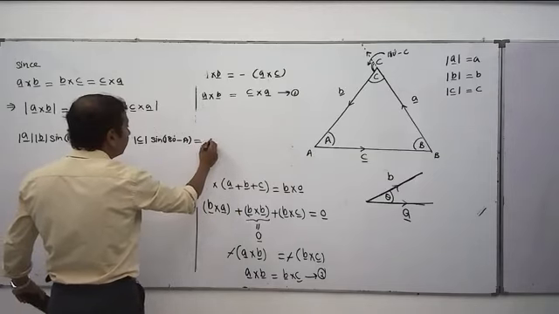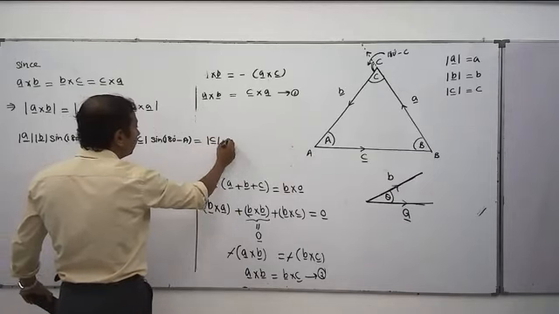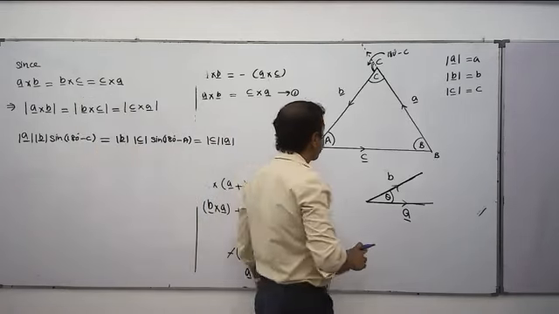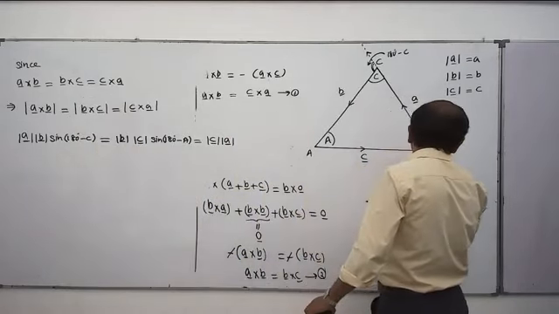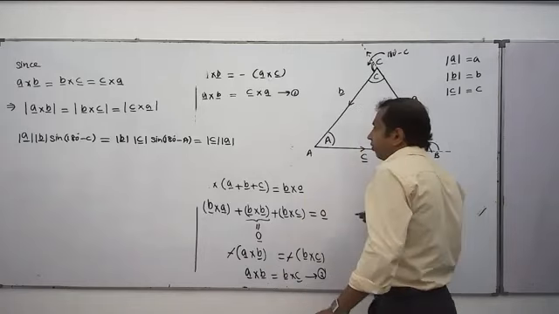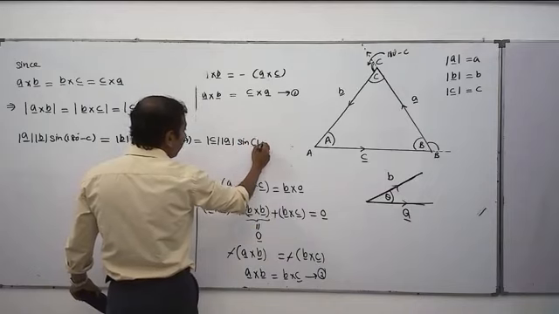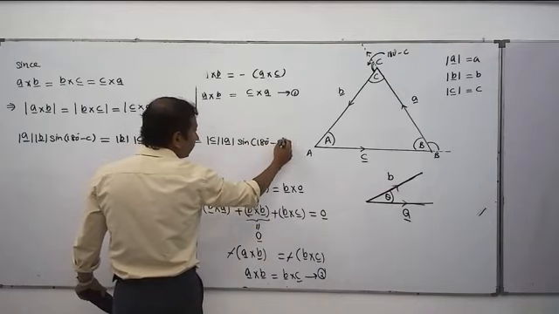C cross A. C modulus, A modulus. What is this angle? This angle is the one we have to take, 180 minus B. Sine 180 minus B.